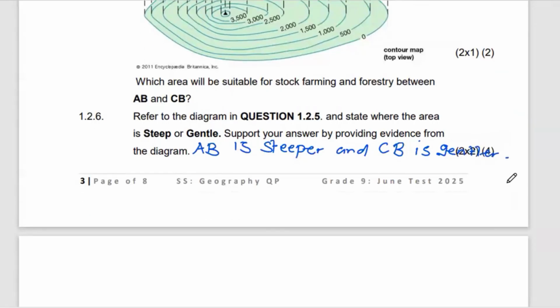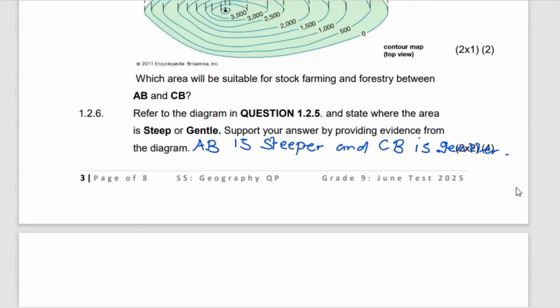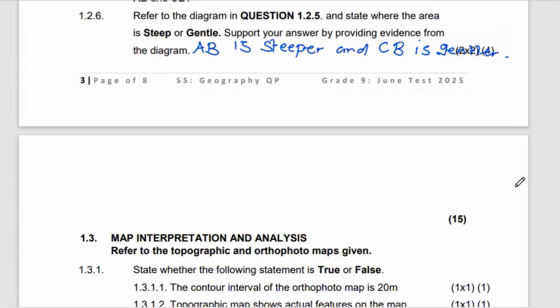And then, the reason to support our answer is because the contour lines in AB are closer together. And remember, if something is steeper, the contour lines should be closer. And if something is gentler, the contour lines are apart.